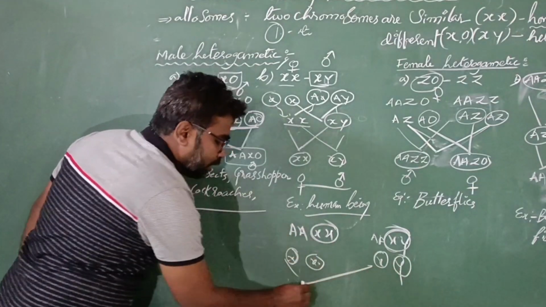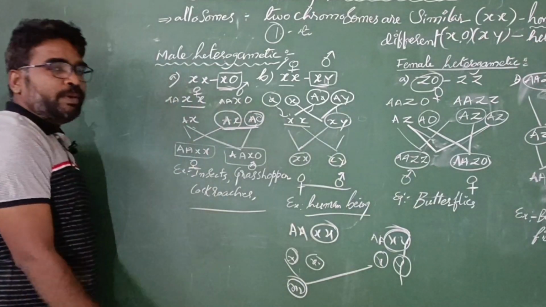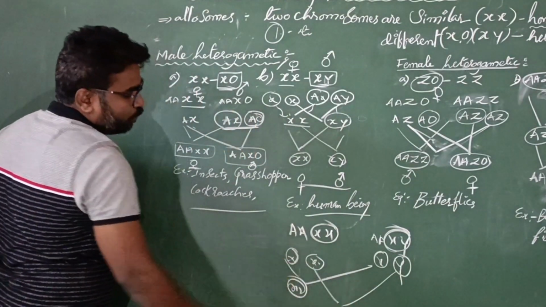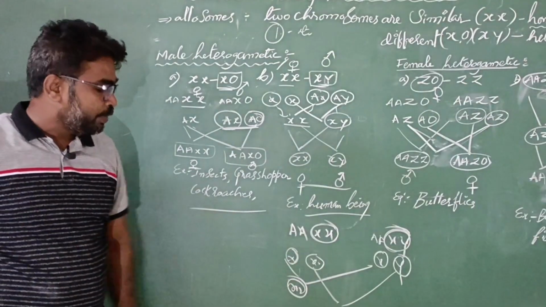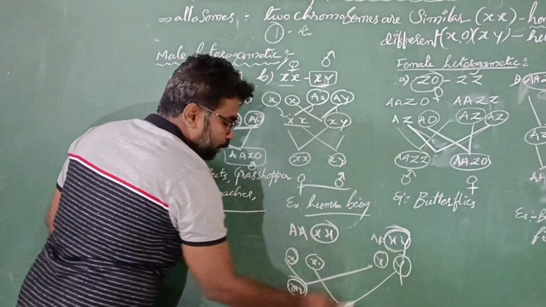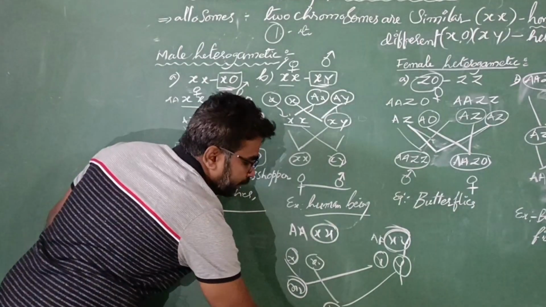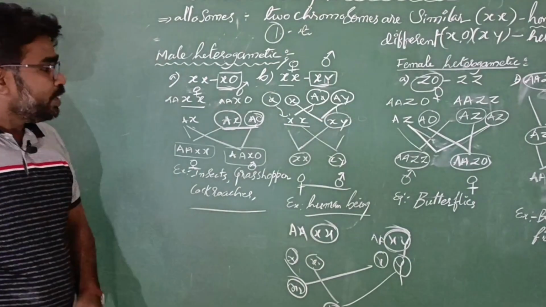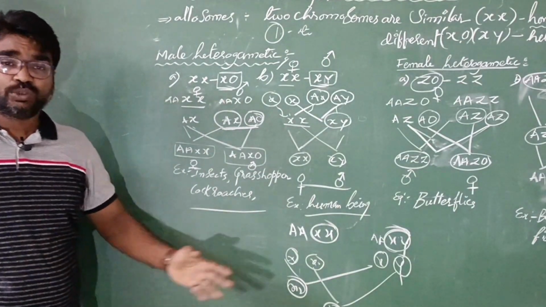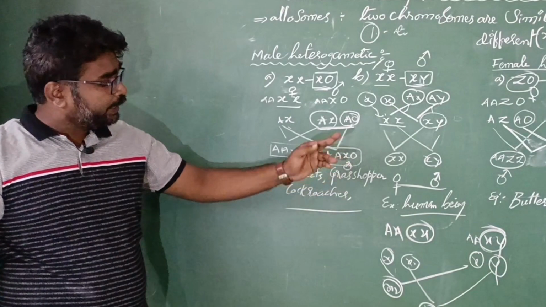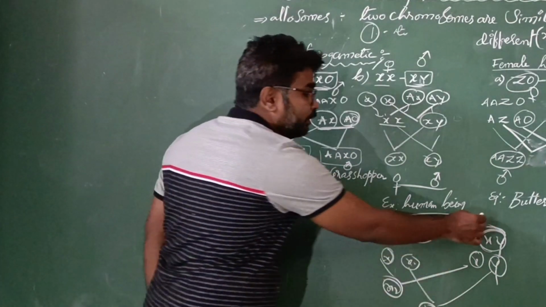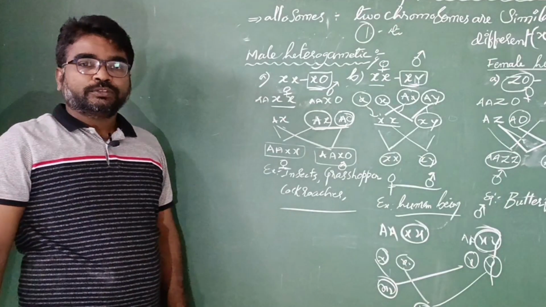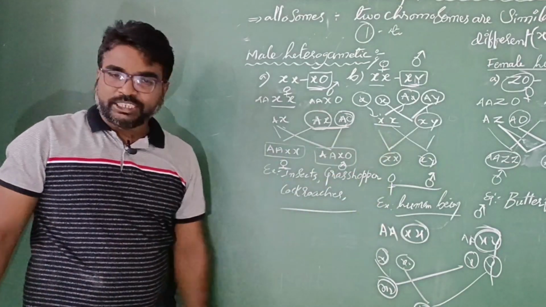When the X chromosome of ovum is fertilized with the Y sperm, it produces XY. It is a male individual. So in human beings, the male individual is responsible for the sex determination.